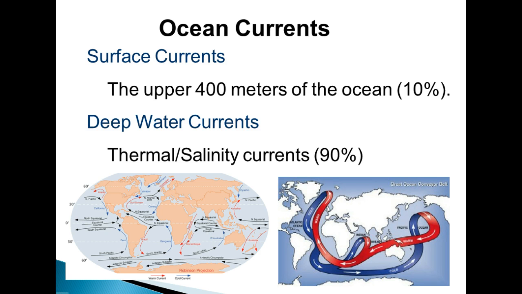Okay, now let's talk about the ocean currents. First, write in your notes that an ocean current is a continuous, directed movement of seawater generated by forces acting upon this water.